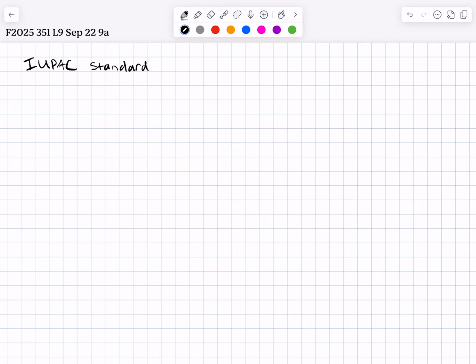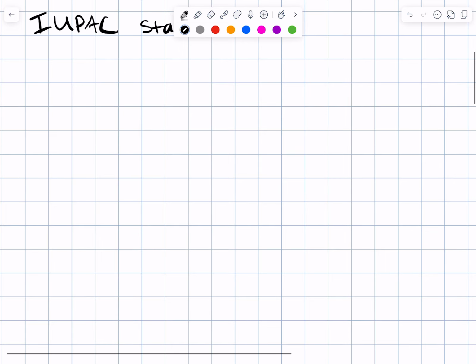So that being said, imagine that you are a chemist working in a lab and you have some experiment where you need this molecule. So let's say we've got a carbon single bonded to an OH, double bonded to an oxygen, a branched carbon chain right there, we've got a bromine here.